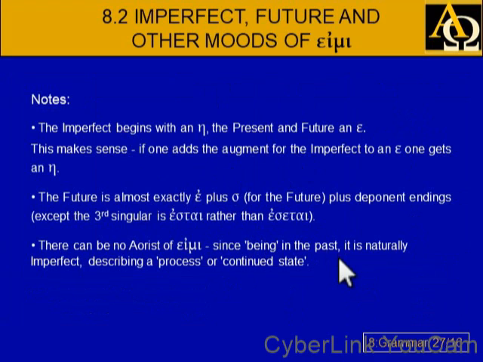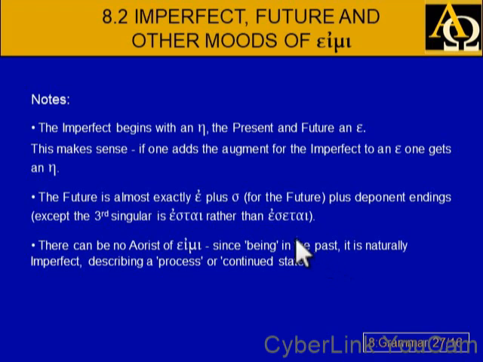This kind of explains for you. The imperfect begins with an eta, the present and future with an epsilon. This makes sense. If one adds the augment for the imperfect to an epsilon, one gets an eta.